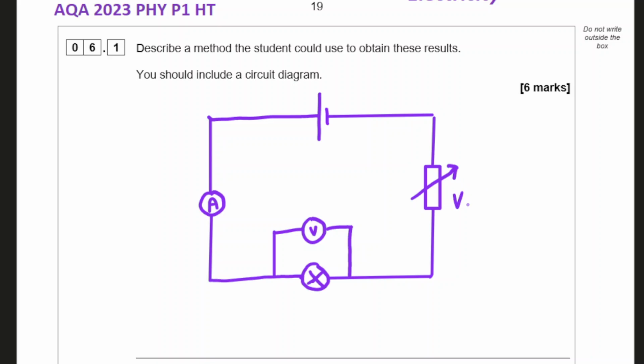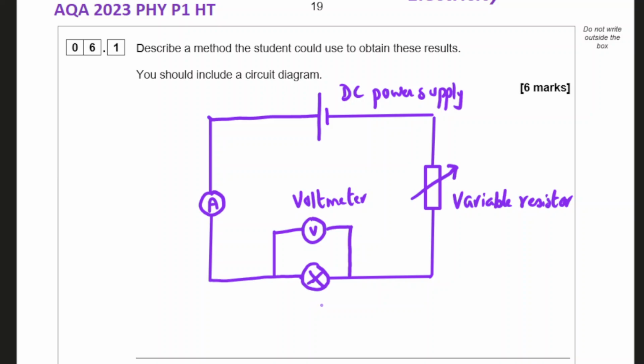So that's your variable resistor. DC power supply, voltmeter, filament lamp or lamp, and an ammeter.